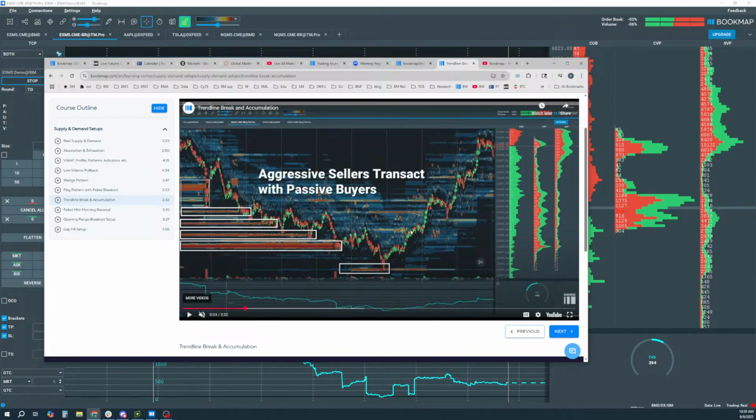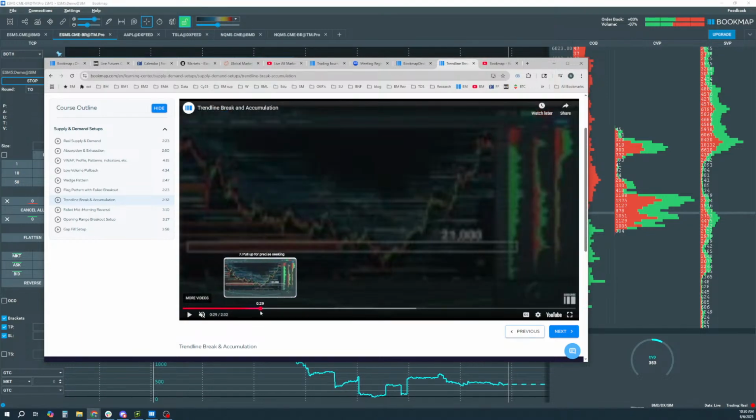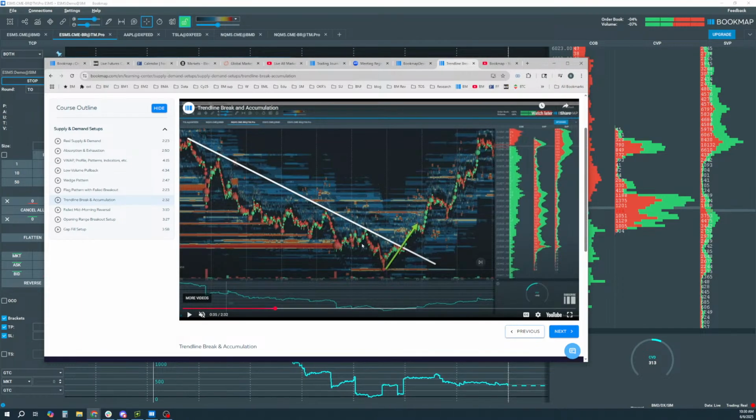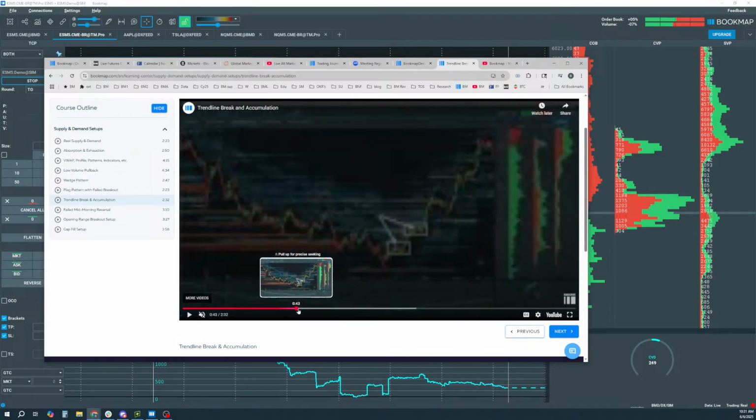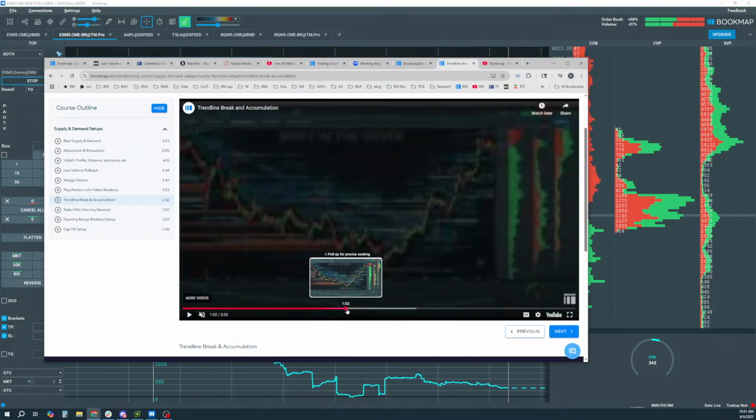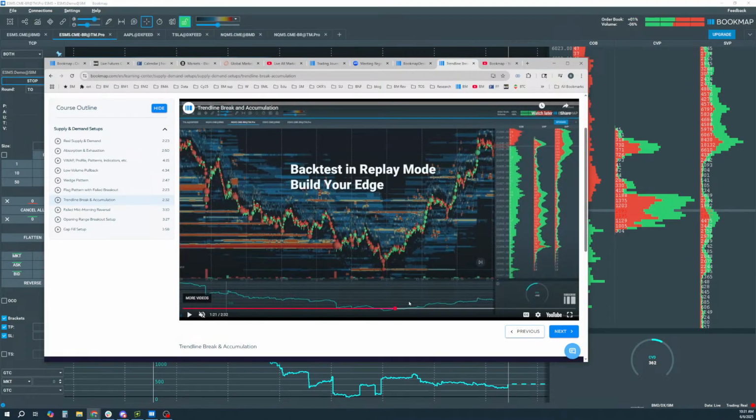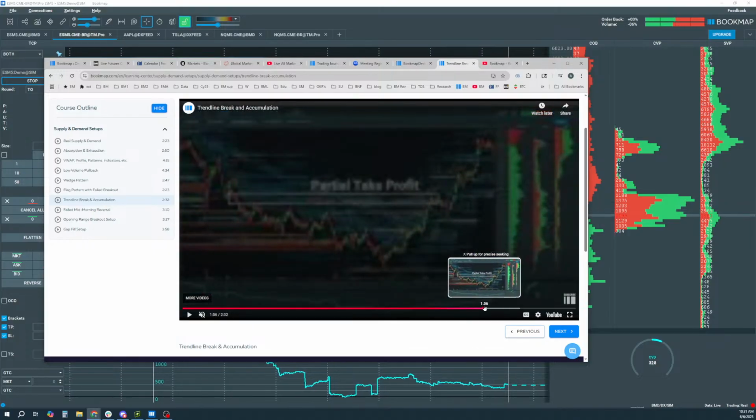Now we're looking for the aggressive accumulation, and we're looking for a break of structure, and that's where you get this. Here is your break of structure, or it could be horizontal, you know, here or here. And then you're looking for the accumulation on the buy side to start to come in. And then you look for getting in, and then yeah, just go through the video here.